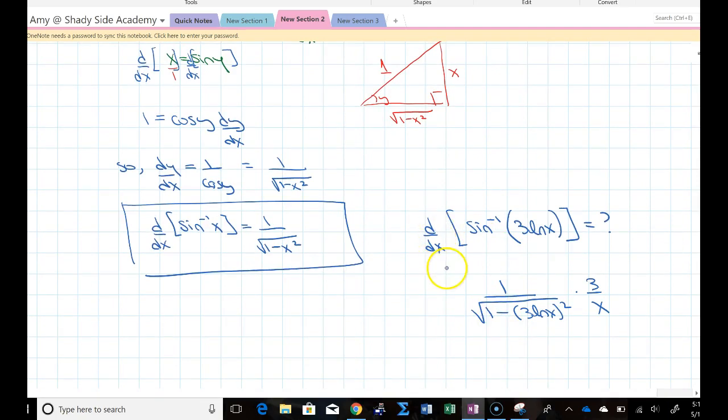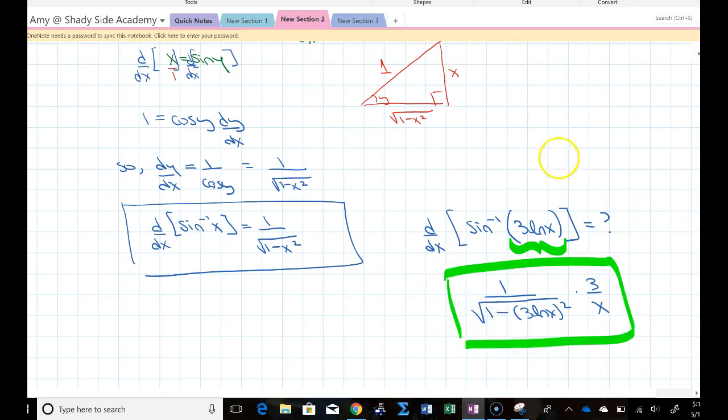The derivative with respect to x of the inverse sine of blah, this is the inner. The derivative with respect to x of the inverse sine of the inner is 1 over the root of 1 minus the inner squared, times the derivative of 3 ln x, which is 3 over x. This right here is that derivative, okay?